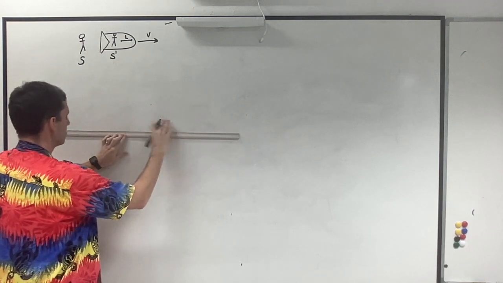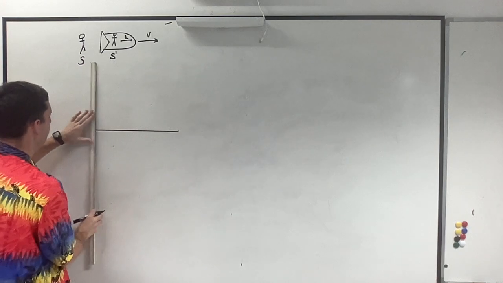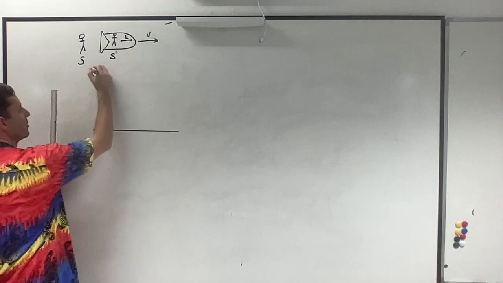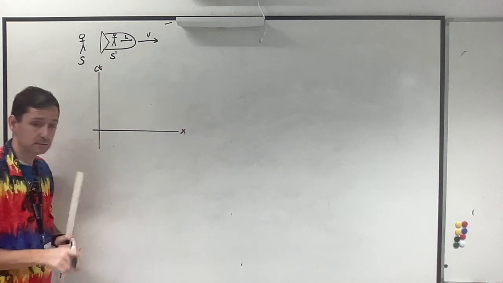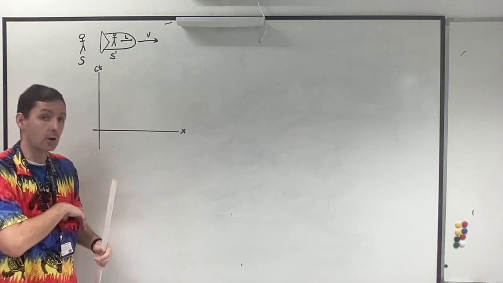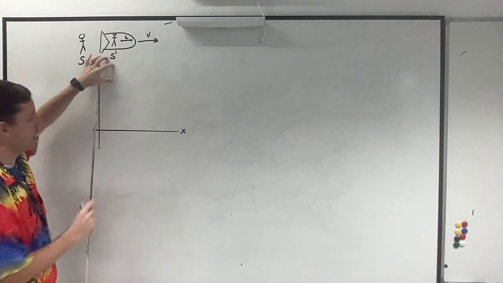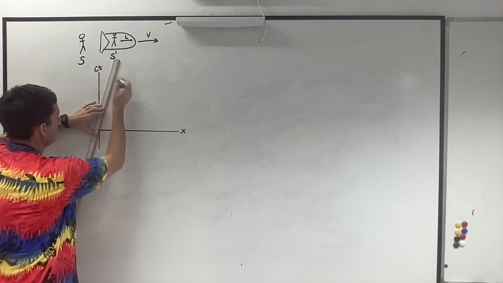Once again, let's get our coordinate plane up here. This is our CT, and this is our X. Now, given that, we now have S prime. S prime is going to have its world line here.